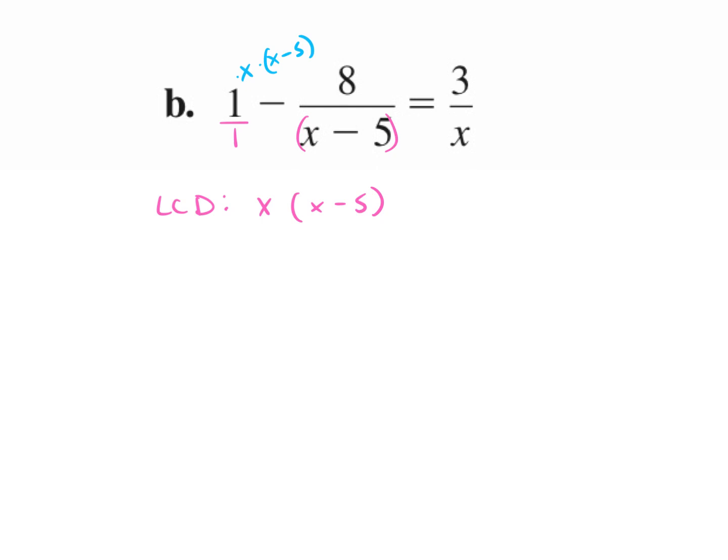Now for our next fraction, we have x minus 5 as our denominator. So what's missing? Just the x. So I only have to multiply by the x. And then in the third one, I have x as the denominator, so what's missing? x minus 5.